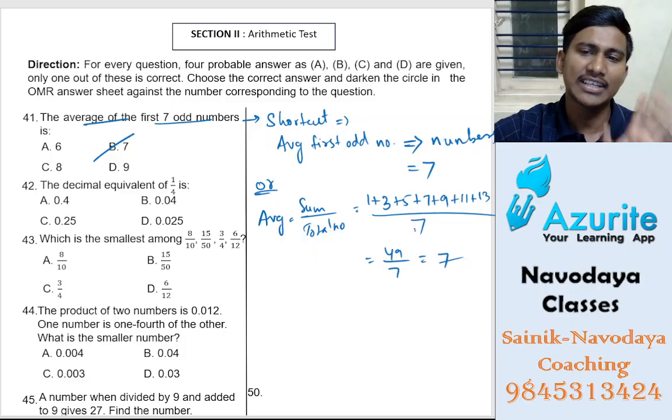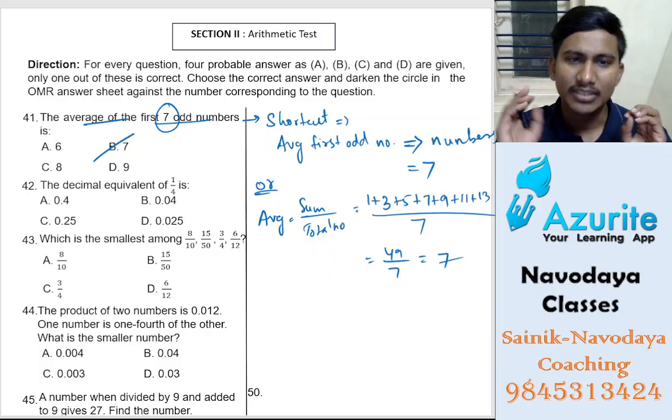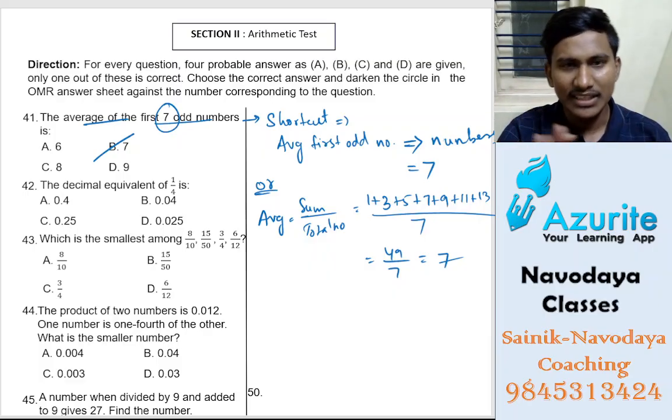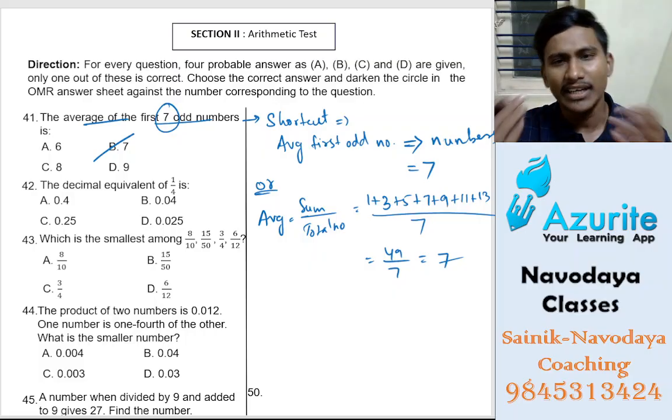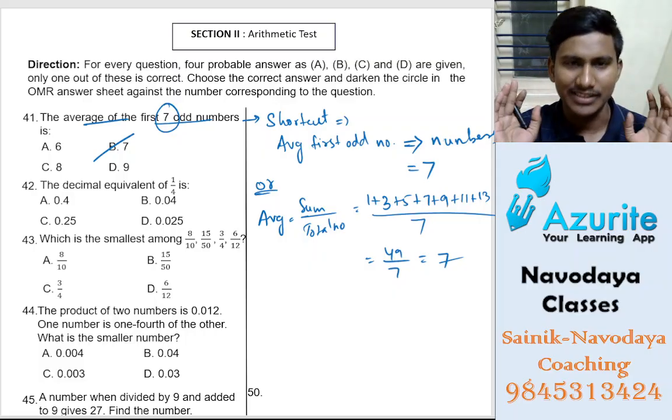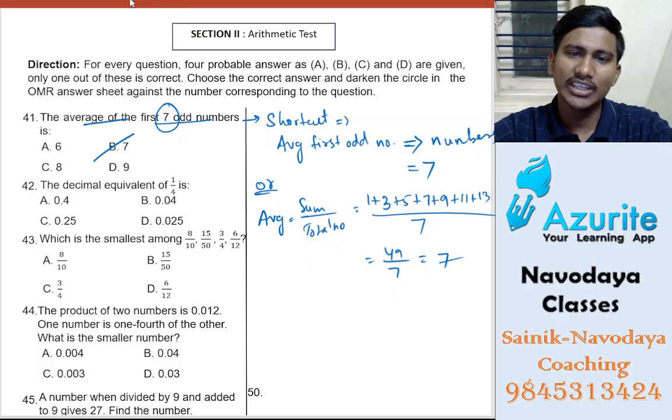So you will get 7 as the answer. You should remember directly that for odd numbers it will be n. If they ask for 10, the answer is 10, for 12, the answer is 12. Understand? Remember this.